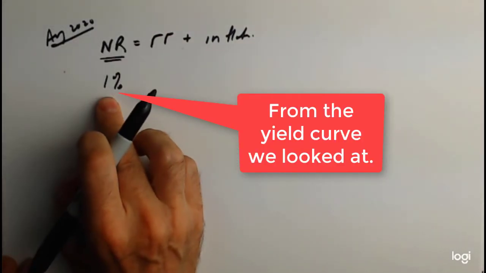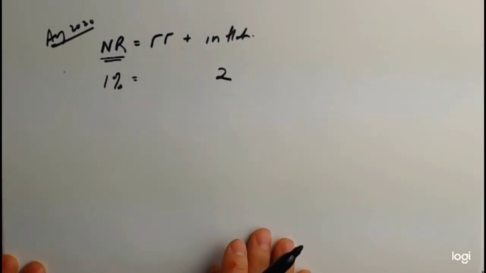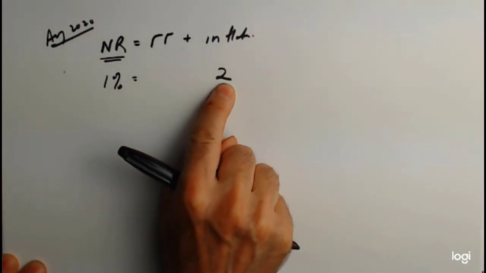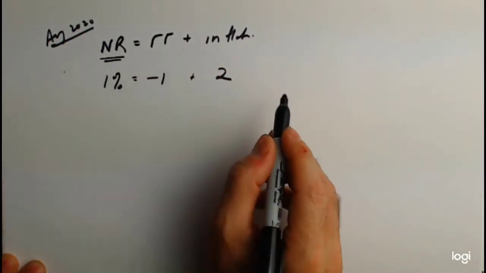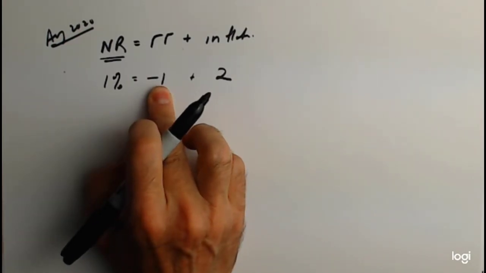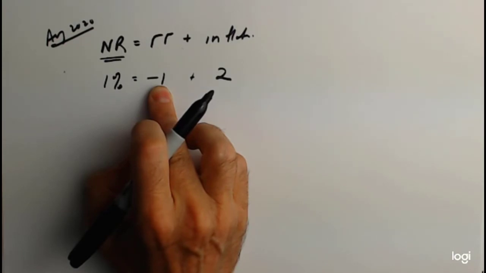Let's just say we have a 1% nominal rate, and let's say we have an inflation rate of about 2% right now. This is for a given year, and that's about where we've been with inflation for a number of years now. That means that this real rate has to be negative 1%. You're actually paying the government, so to speak, to buy their bonds, to hold their bonds.